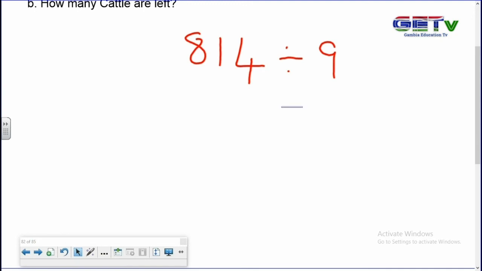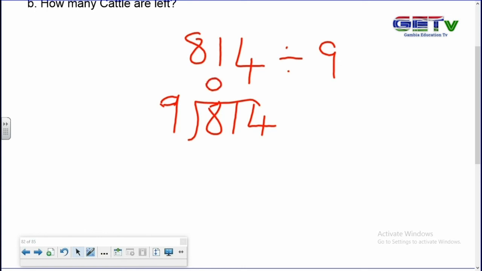Using the long division method, this is going to be 814 divided by 9. 8 divided by 9 is 0. 0 times 9 is 0.